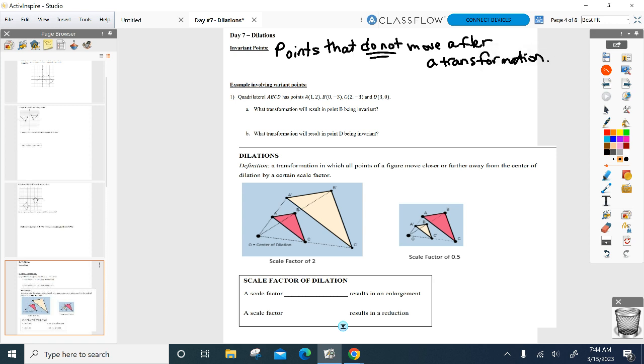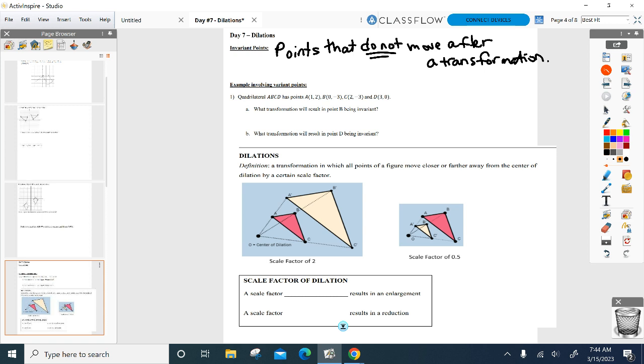So I perform something, a reflection, rotation, or translation, and one or more of the points stays exactly where it started.